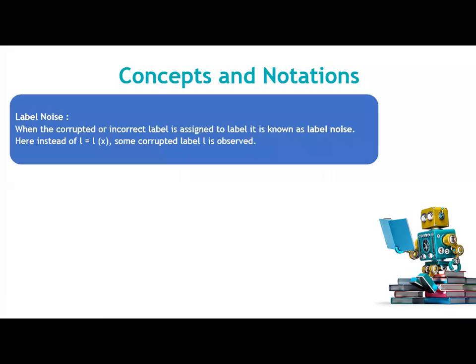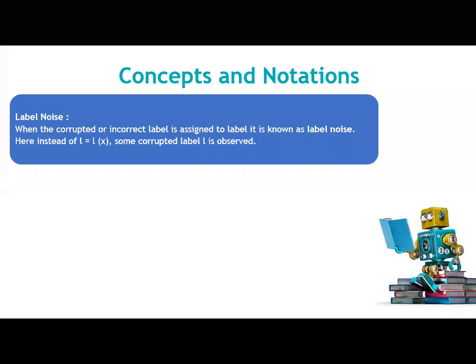Next is label noise. Noise means error, or when a corrupted or incorrect label is assigned. Suppose roll number 11 has 60.3%. Ideally it should go to the first class. But by some misinterpretation of the floating point number 60.3, it is not going into the first class.